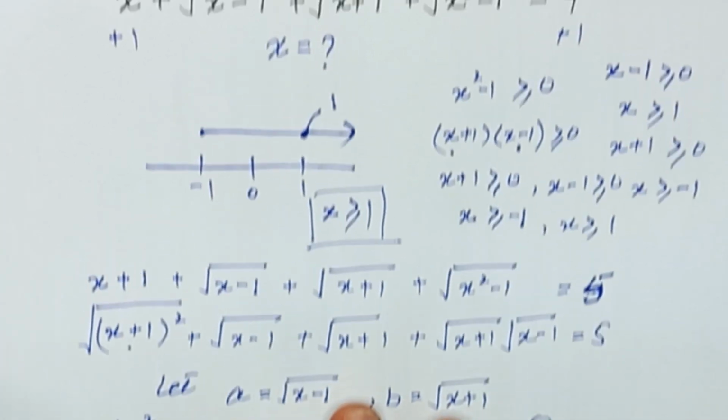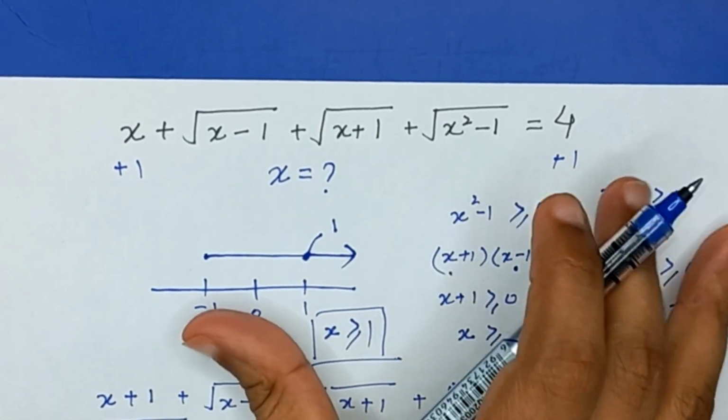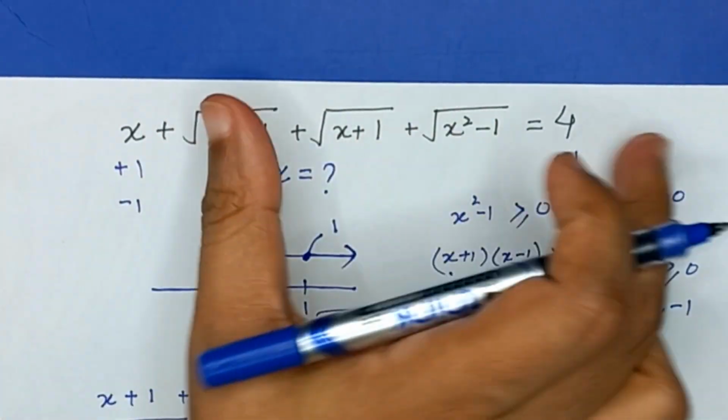Now similarly, in the first step we added 1 on both sides. Now in the next step we will subtract 1 from both sides.